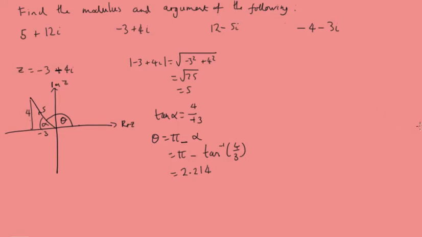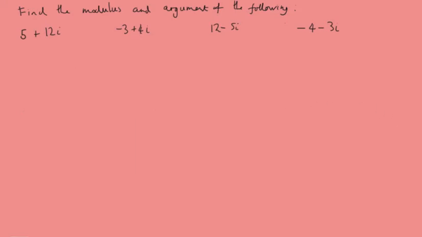Now our final one, that's not our final one, 12 minus 5i. This is z equals this. So again, do our Argand diagram.